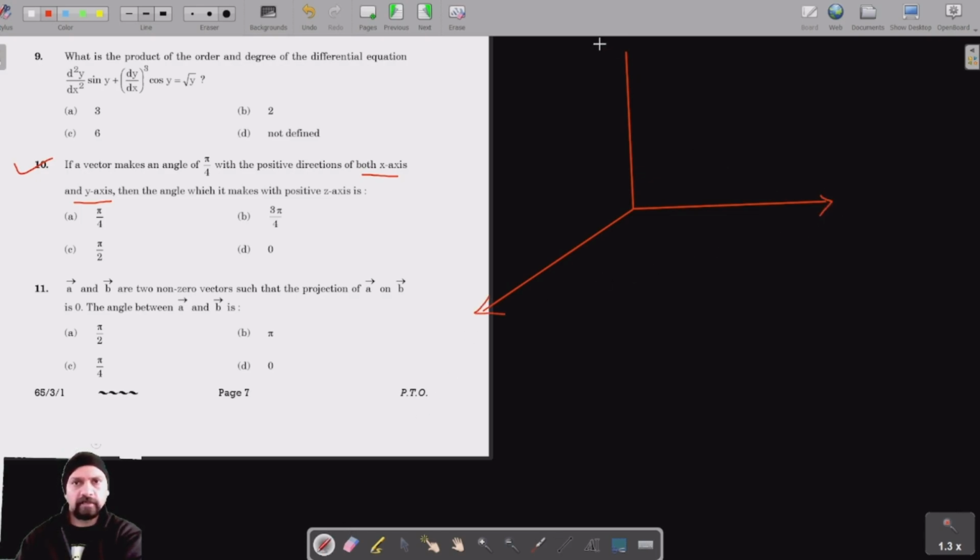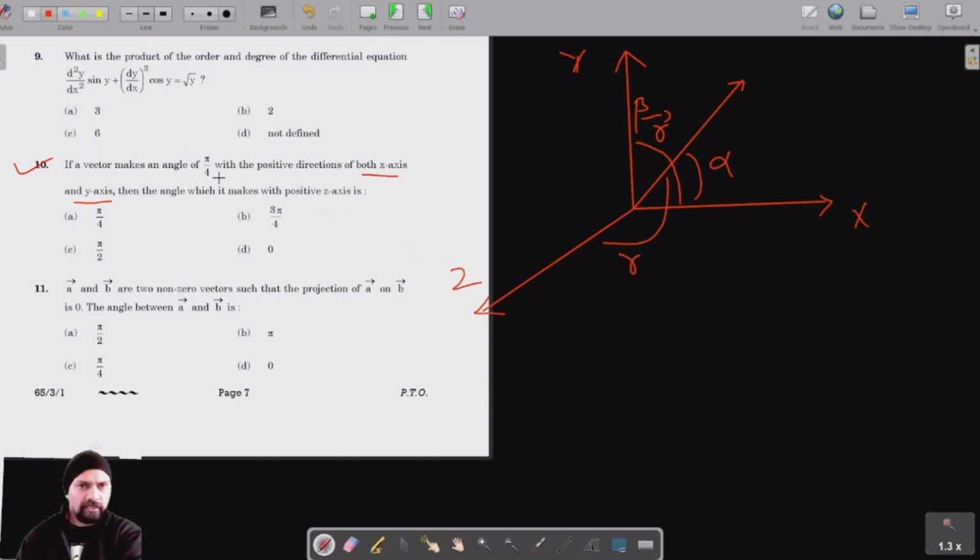So let's say this is our space and axis x, y, and z. And there is a vector. Let's say this is the vector, r vector, and it makes an angle of, let's say alpha is the angle with the positive x-axis and beta is the angle with positive y-axis, and with z-axis it's gamma.